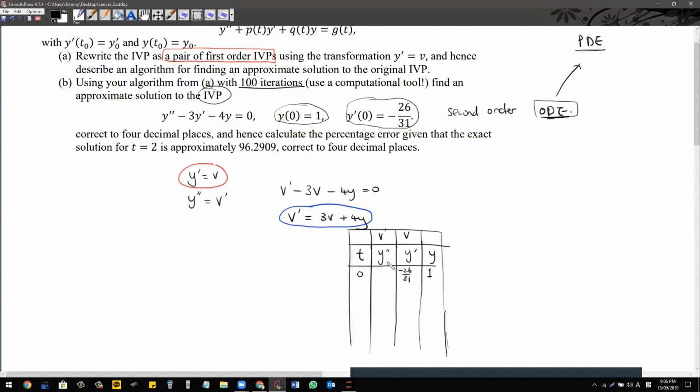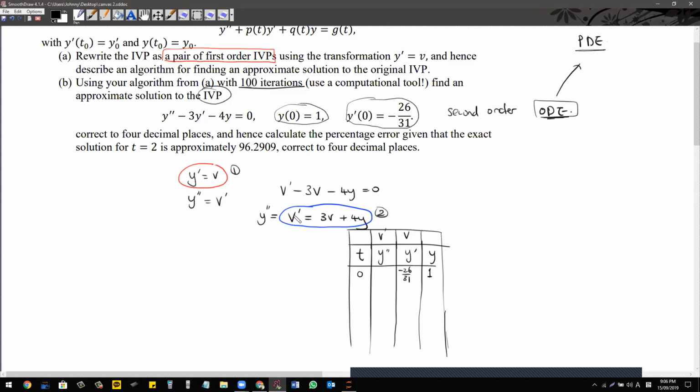And y double dash is very easy. This is our y double dash, isn't it? This is equation 2, this is equation 1.